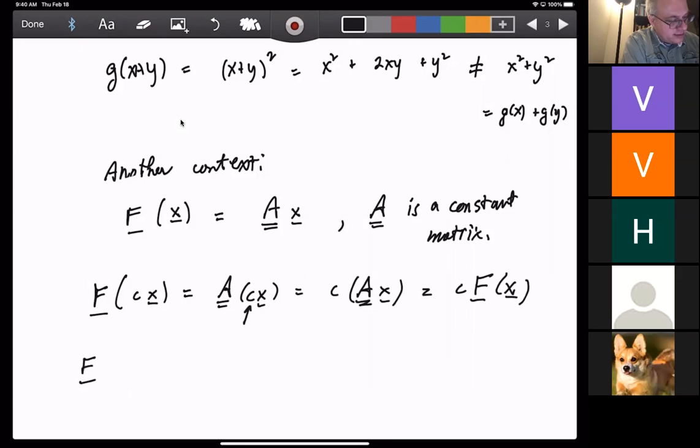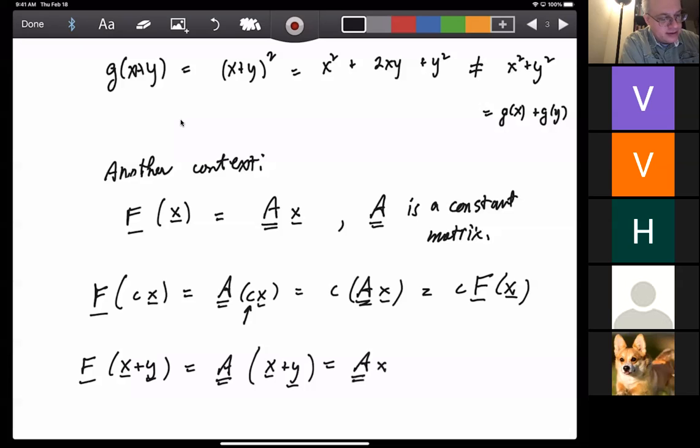And similarly, we apply this function to the sum of two vectors. That just means take the matrix, multiply by the sum of the two vectors. It turns out there's a distributive property for matrix multiplication. So that works the way you would like it to.